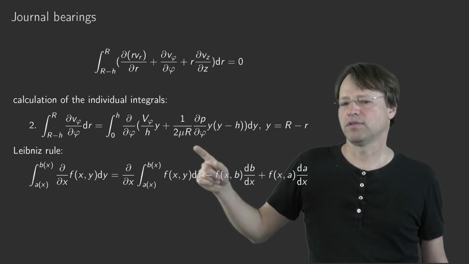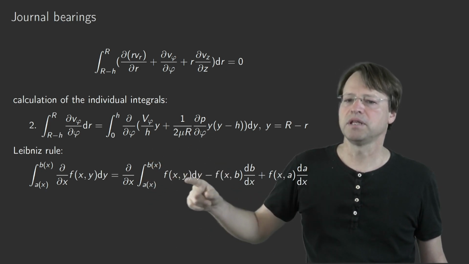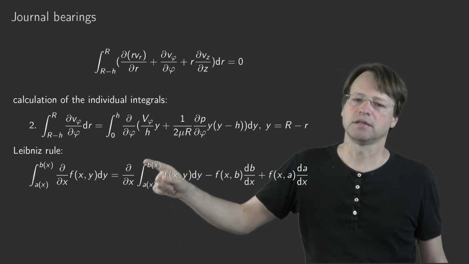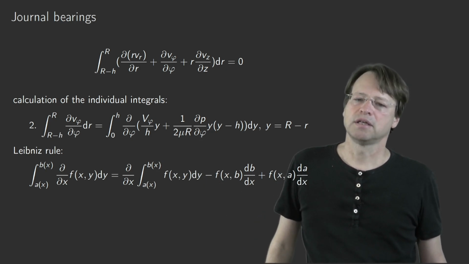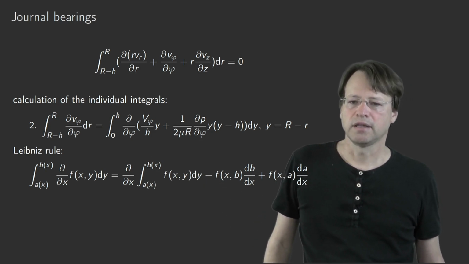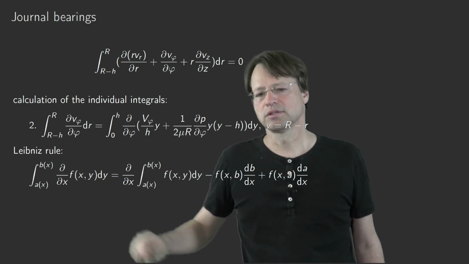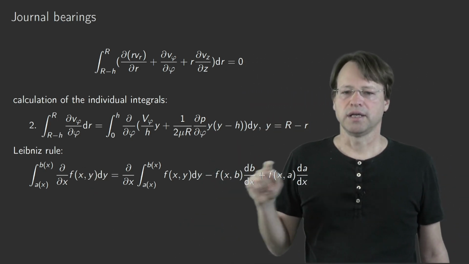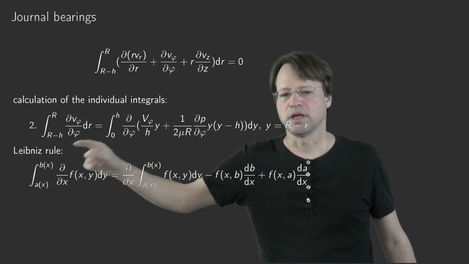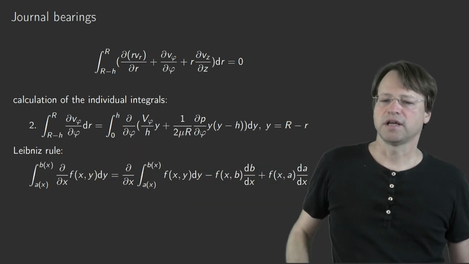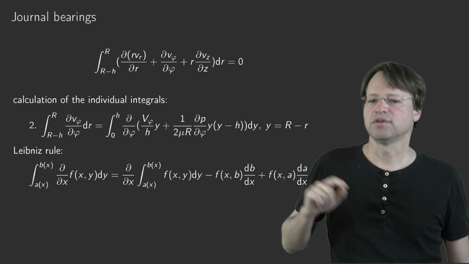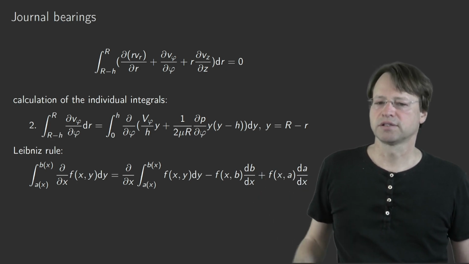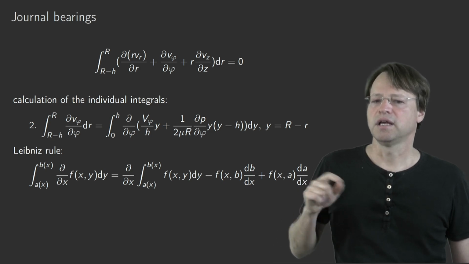And if this dependence would not be there, you would simply obtain this integral. As there is the dependence of the limits on x, you get a negative term for the upper limit, which is f(x, b) and then the derivative of the upper limit with respect to x, plus the lower limit f(x, a) and dA by dx.